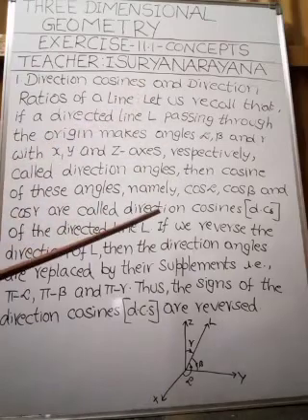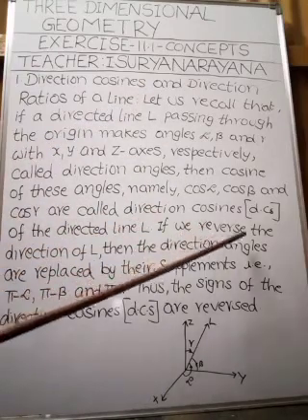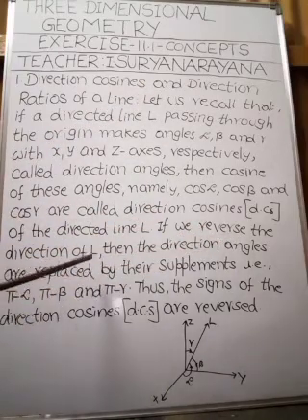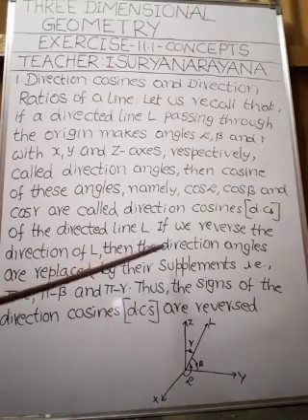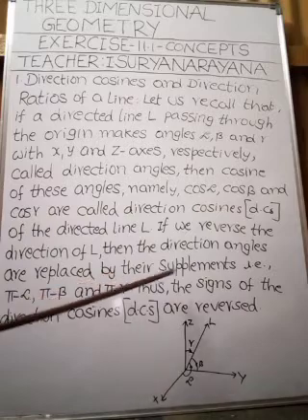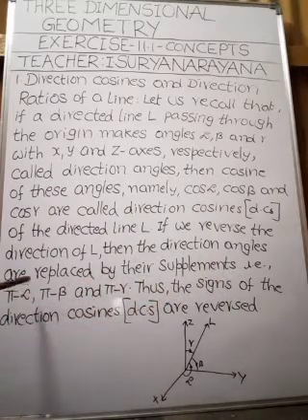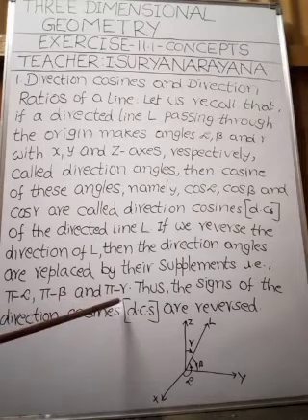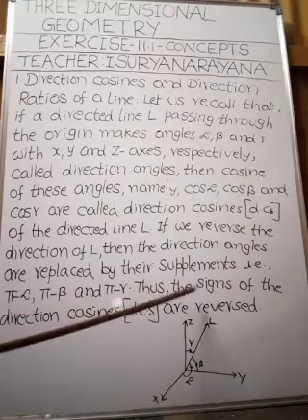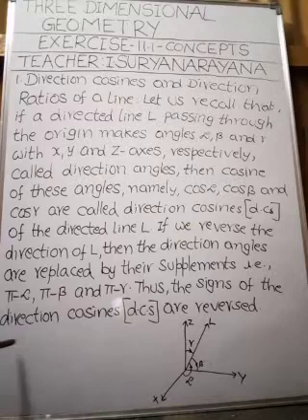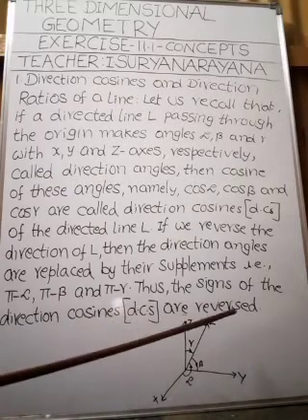If we reverse the direction of L, then the direction angles are replaced by their supplements, that is pi minus alpha, pi minus beta, and pi minus gamma. Thus, the signs of the direction cosines are reversed.